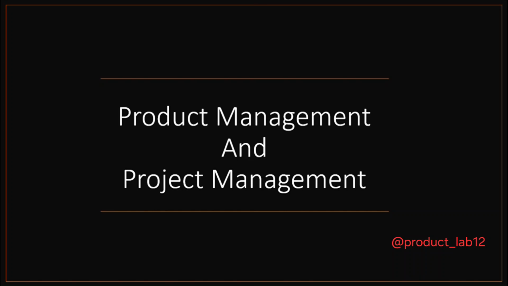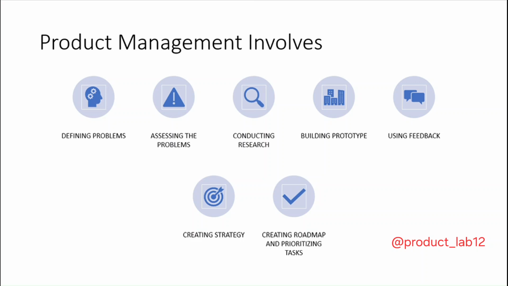Now, the next thing I want to talk about is what product management involves. The first thing is defining the problem: what problem people are facing, or things that they want or need. Trying to understand the user's or consumer's problem is very important.